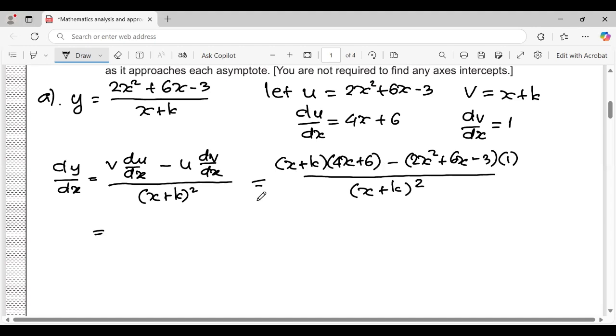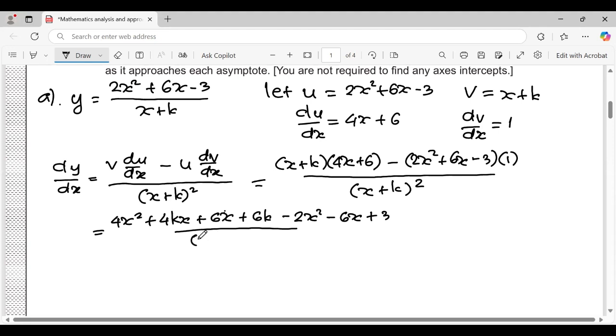After that, expand this and multiply: 4x squared, 4kx, 6x first, 6k, minus 2x squared minus 6x plus 3, because minus and minus, over x plus k squared. 6x cancels 6x. 4x squared minus 2x squared is 2x squared.